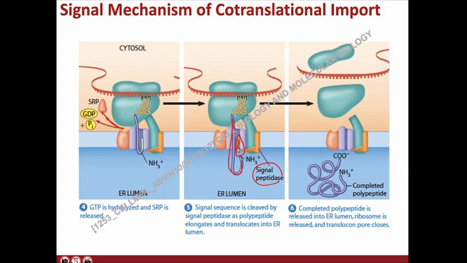Okay, so once the polypeptide synthesis is complete, this polypeptide will be released into the lumen. And the ribosome will detach from the ER membrane. And the subunits will also dissociate and release the mRNA. So that's the process of co-translational import. Okay?